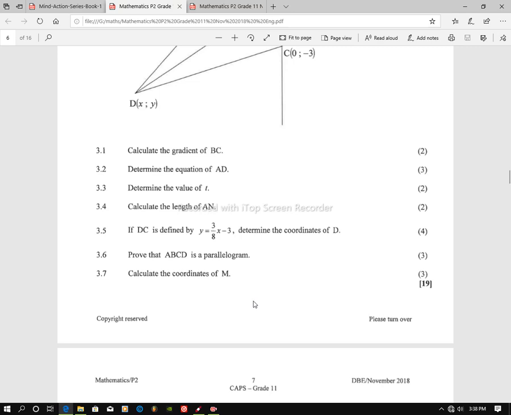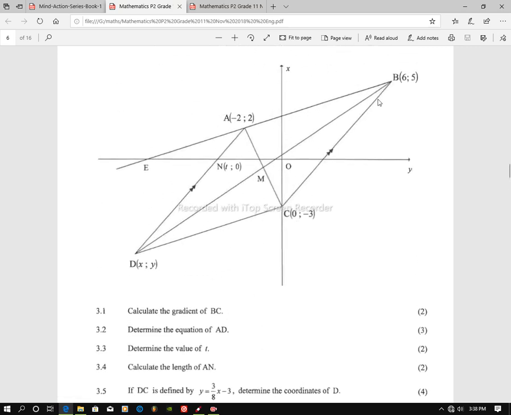Moving forward is 3.6. They say prove that ABCD is a parallelogram. How can we prove that ABCD is a parallelogram? We must know the properties of a parallelogram.